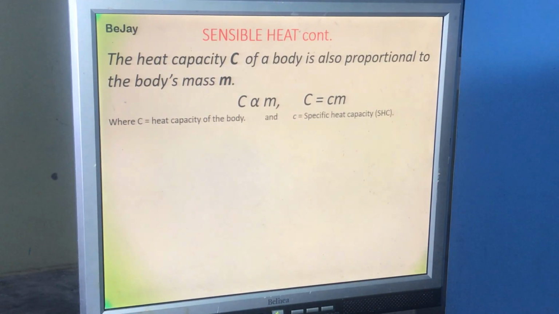Remember, the specific heat capacity of a body makes use of the mass of the body. Let me explain this. Let's say we want to determine the amount of heat that the sea can contain. The sea is a big substance that we will not be able to measure directly.